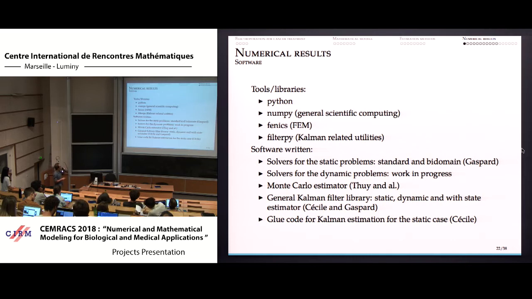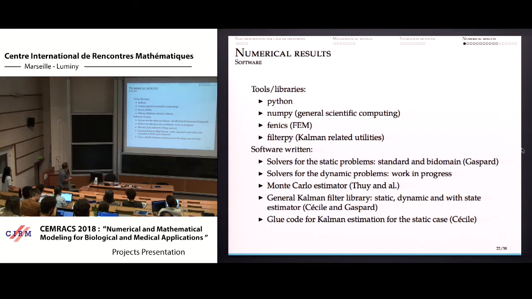The word library is maybe a very big word here, but this is what we used for static parameter estimation. Once we have our dynamic solvers, we will be able to use this for dynamic parameter estimation. And then we have some glue code to do the estimation itself. This is essentially the work of Cécile.